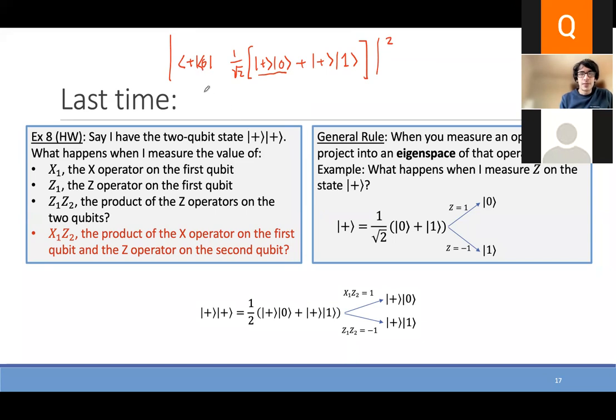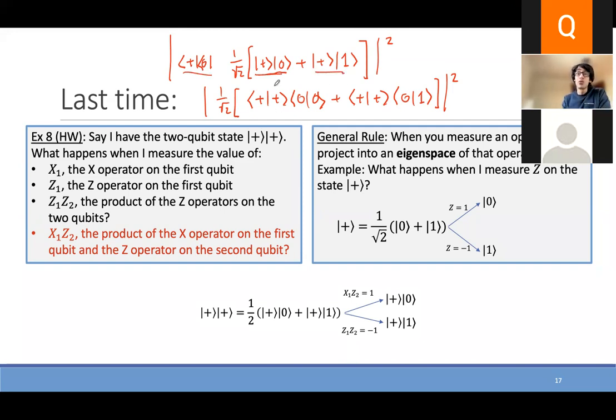So that's the same thing as 1/√2 times ⟨+0|+0⟩ plus ⟨+0|01⟩, where I've just taken this and I've taken the inner product with this plus the inner product with this.